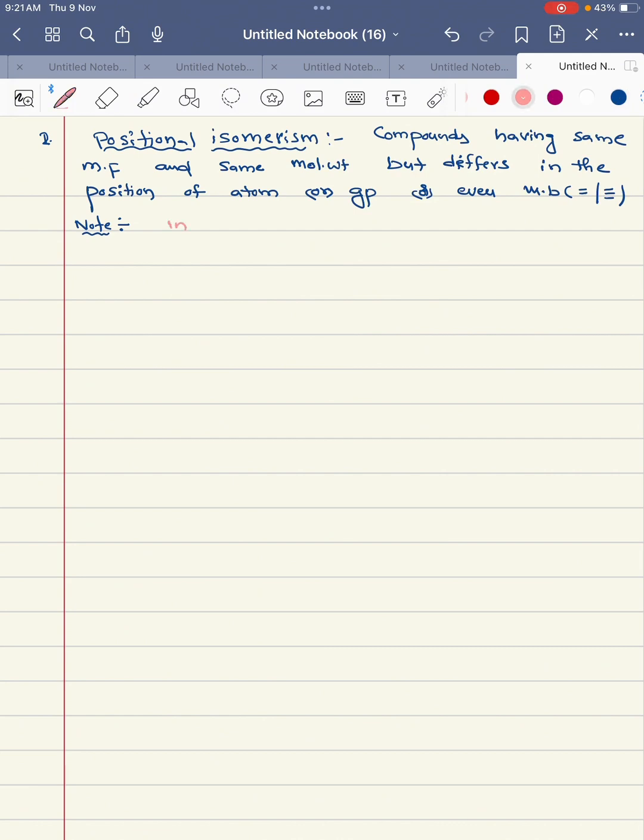Here, in both compounds, the size of the parent chain and side chain must be the same. See, for example, an example is given.